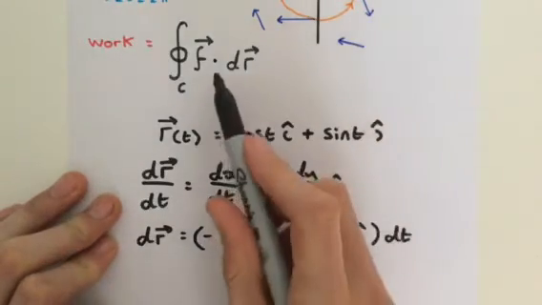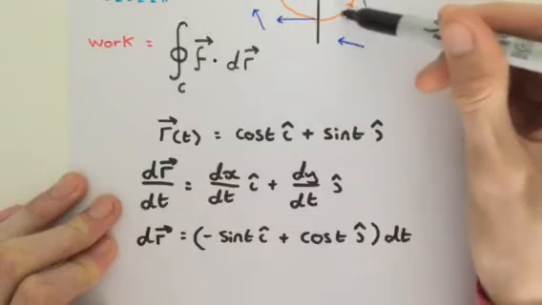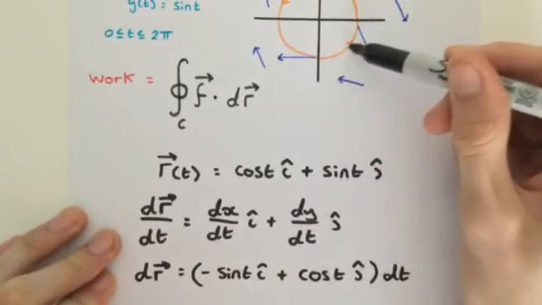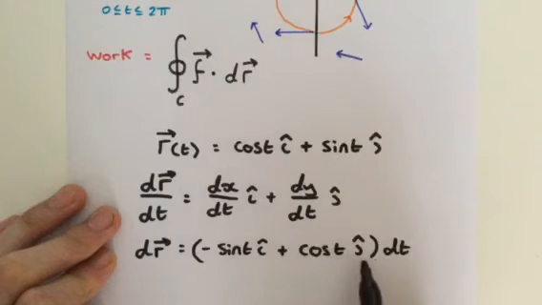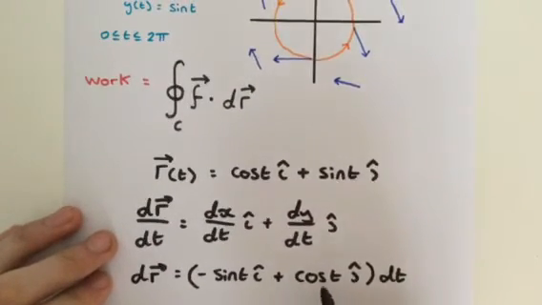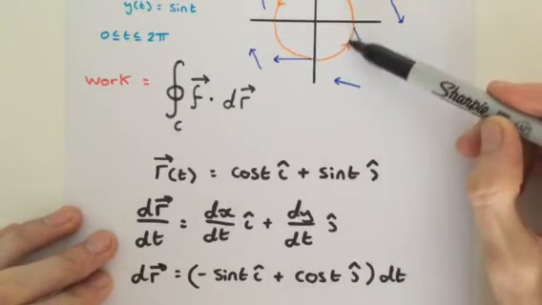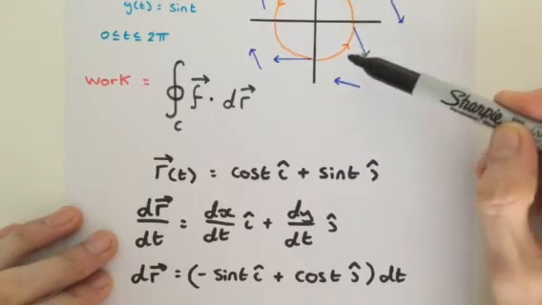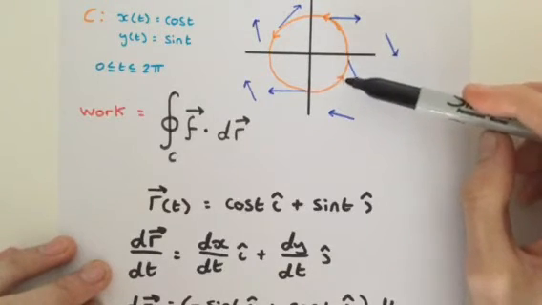Now, just to remind you, remember the work done is force times distance. dr is just a tiny distance on our unit circle, given by minus sine t i plus cosine t j. And basically, when taking the dot product, you literally multiply that tiny differential on your circle by the component of the vector field in that direction.